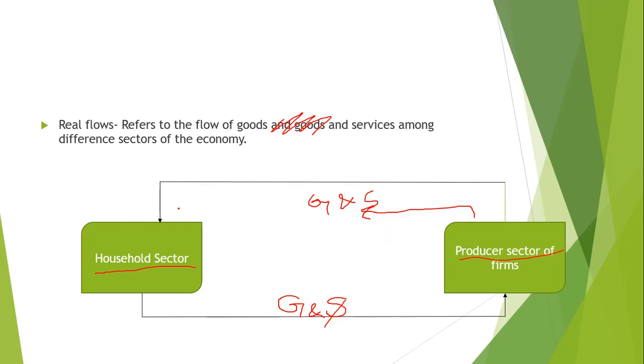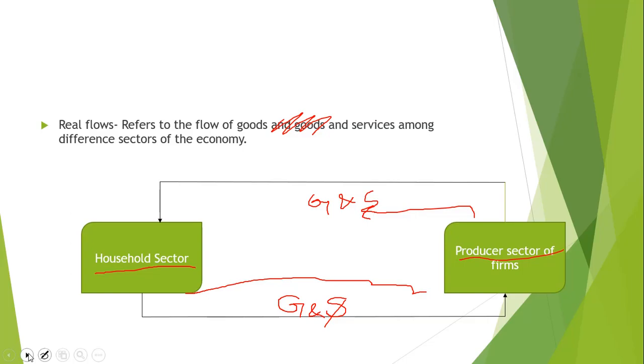So here the arrow is clear to you, I guess. The producer sector gives us the goods and services, and we also give goods and services to the producer sector.